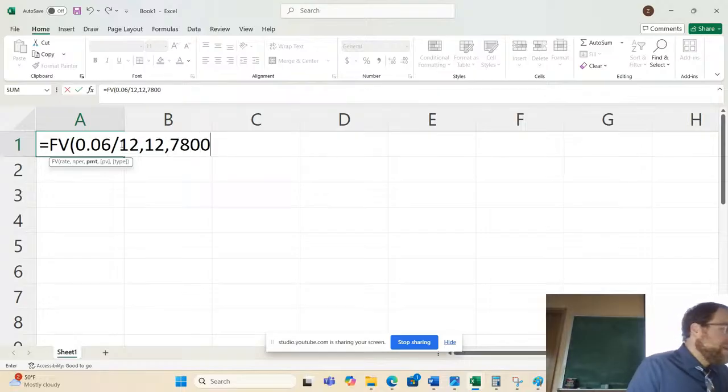7,800. But then we're doing this in terms of each month, right? So we'll have to divide that by 12. Yep, comma, present value when you start is going to be 0.